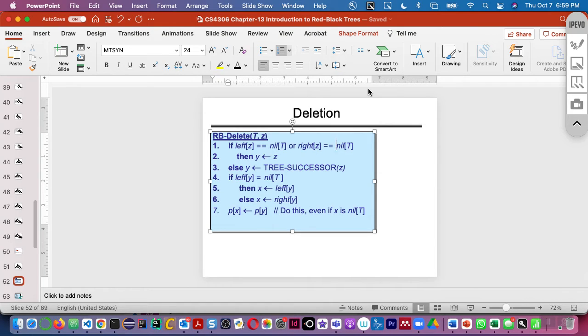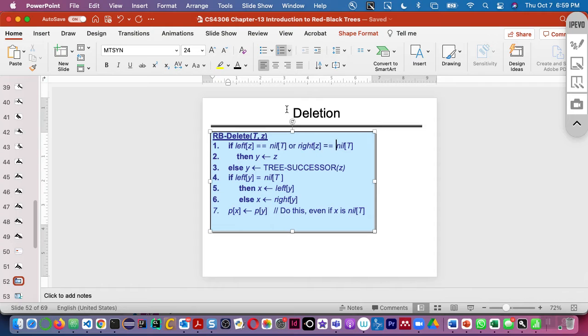So then let me come with y equal to the predecessor of G, and then Z.